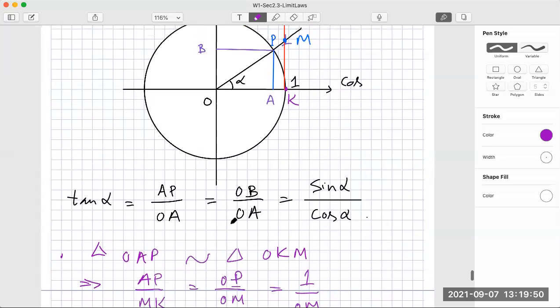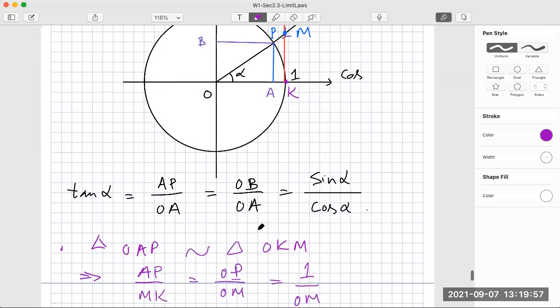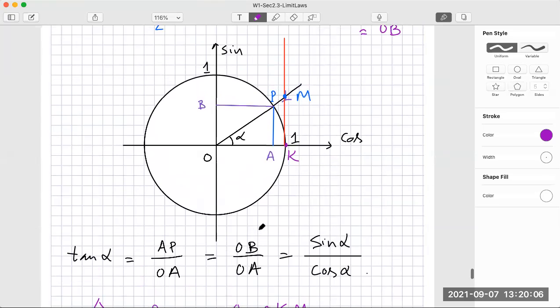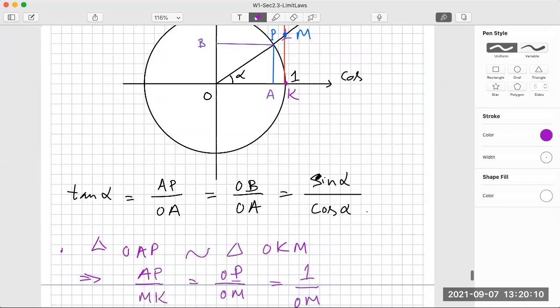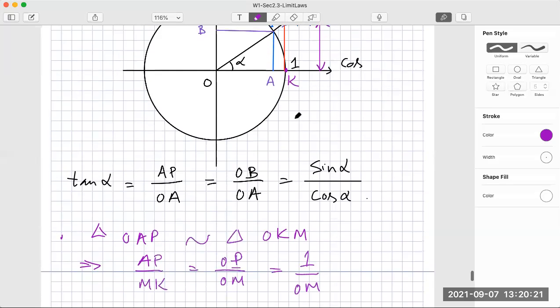So we see the tangent here at this point, it will be this distance, OM, let me see.